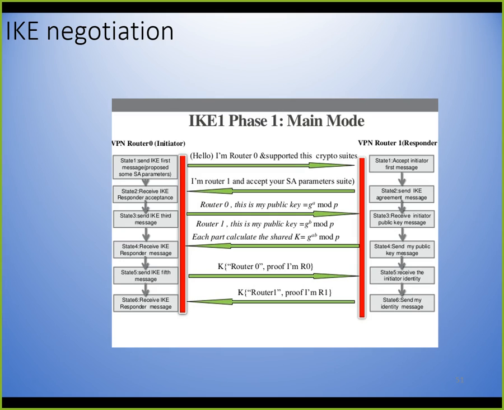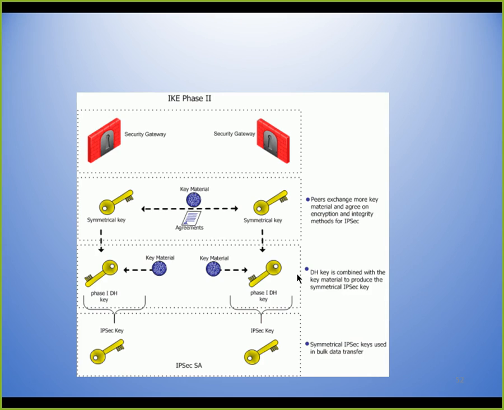Each calculates a shared key, because if you have the public key from the other guy and your private key, and you put them together, and the other one has your public key and his private key, put them together, you come up with the same session key. So they create a session key this way; there are a number of ways to get those. This is phase 1. Okay, router 1 gives proof that I'm R1 to do these things. So we have now done part of the associations.